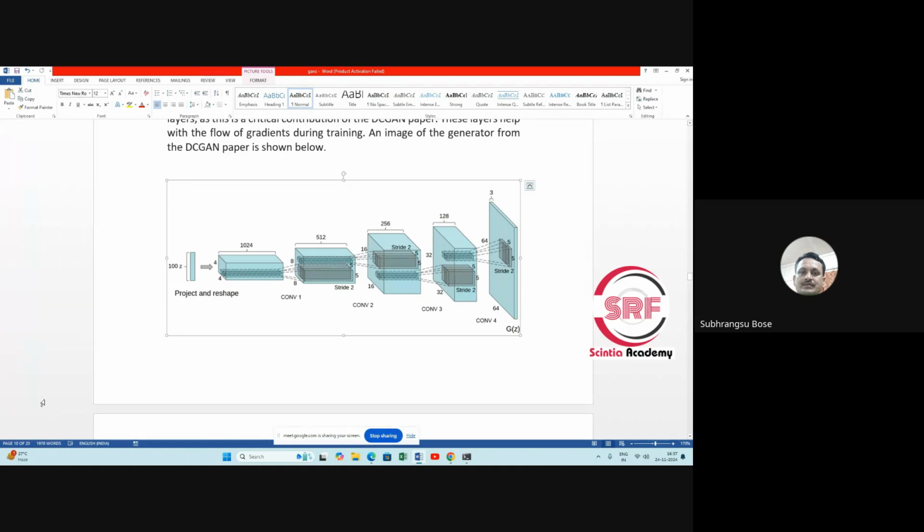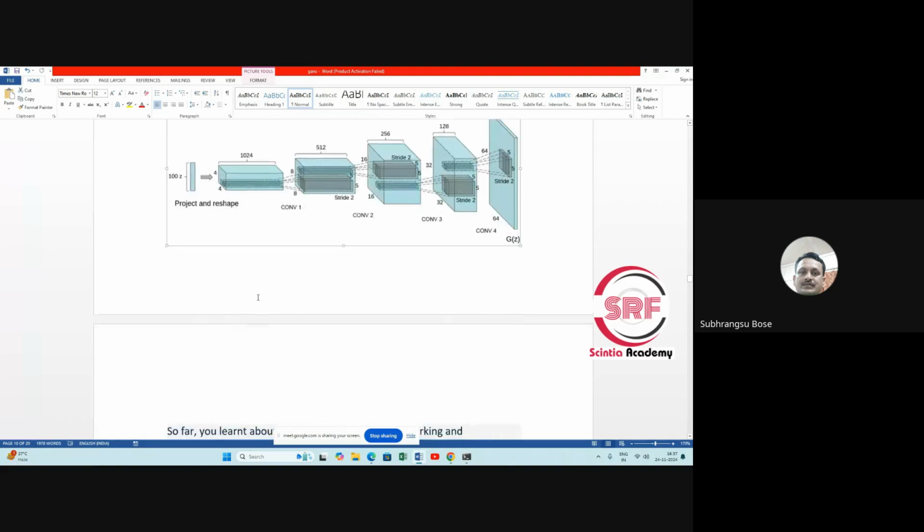Because in CNN, analysis is necessary and there is no creation of anything new. But in GAN theory, there is the creation of a new image. That's why we reduce the channel and height and width are increased.